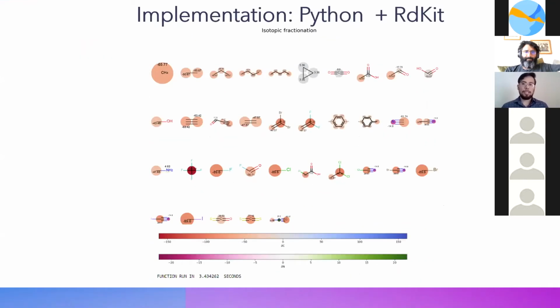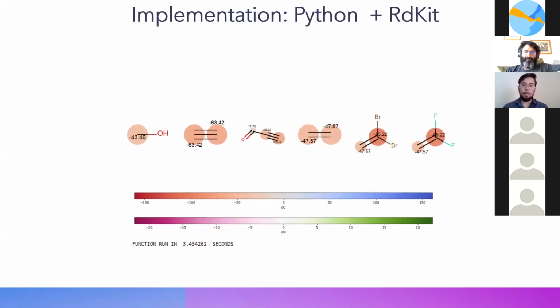So this was implemented in Python and ArcticKit. And here you have the algorithm. We were able to do this for a small data set so we could validate our algorithm. And here you have some of those molecules.